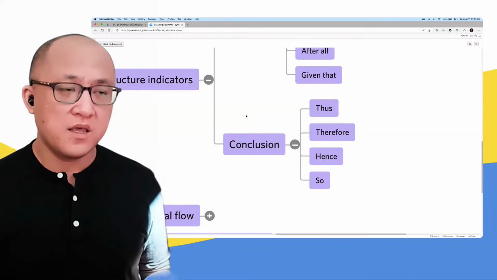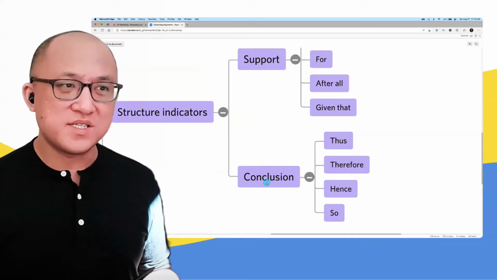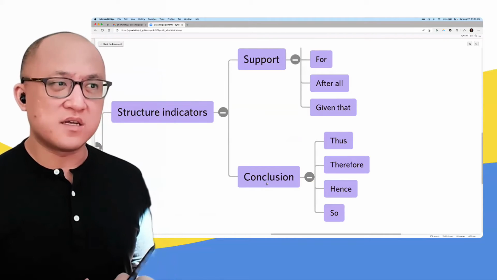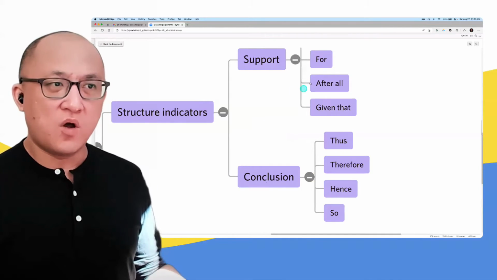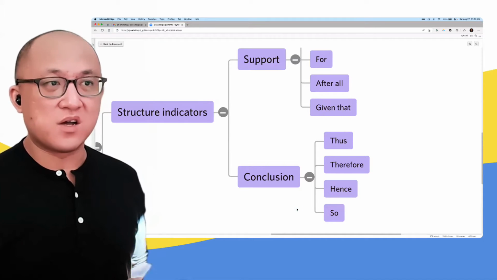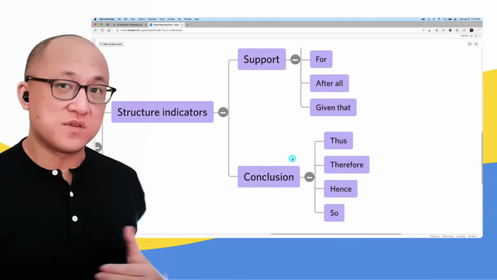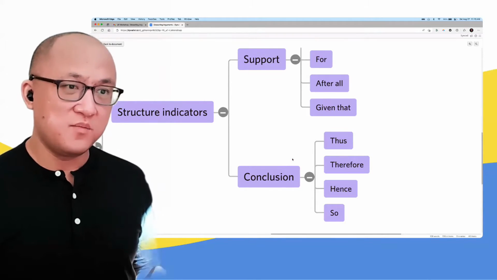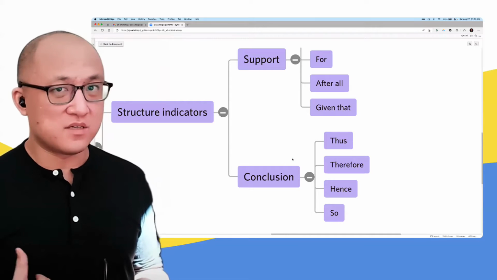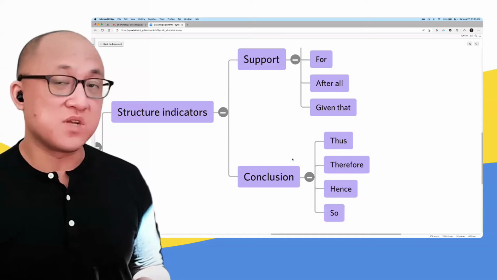All right. Now, I think dividing these into the support and conclusion categories, it's a little bit misleading because all of these words actually tell you what is support and conclusion. Because when you have the word thus, for example, the thing after the thus would be a conclusion, but then you know that at least the part right before it, the line before it, would also be a statement of support.